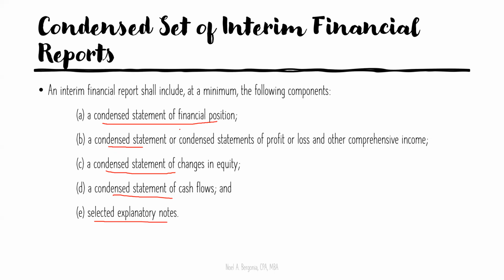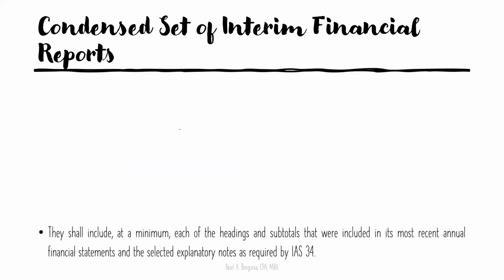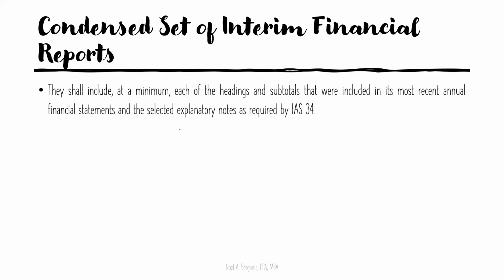So ngayon, discuss natin isa-isa later yung ating mga condensed financial statements. Okay? So these condensed financial statements at a minimum should have a heading and subtotals that were included in the most recent annual financial statements and the selected explanatory notes as mentioned to you kanina.